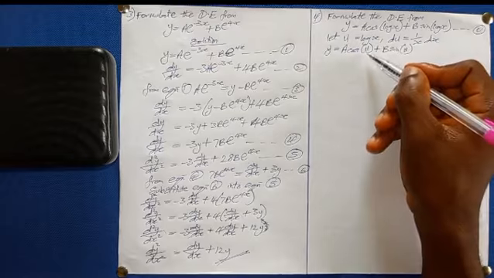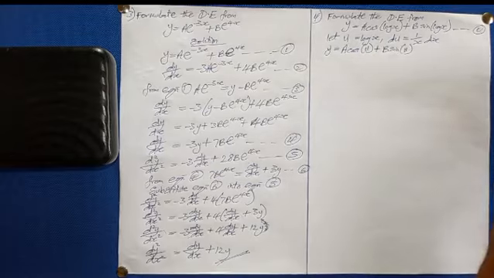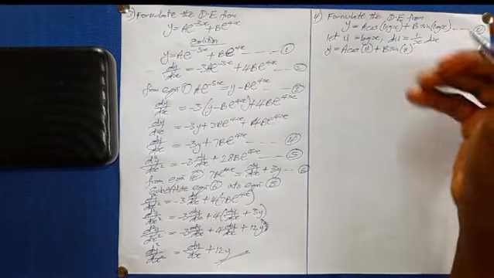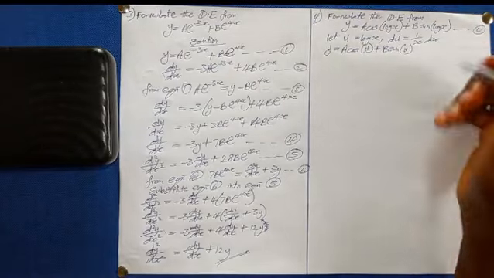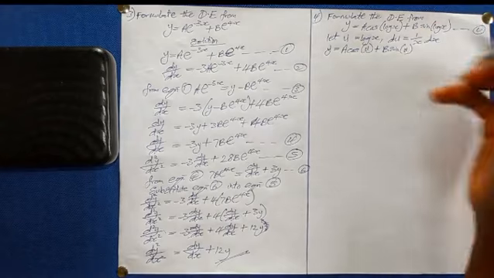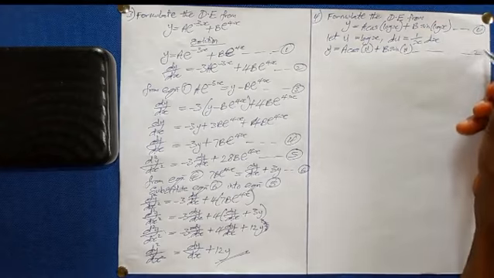Don't forget, this u is log x. Understand? I just want to minimize everything, that's why I say let u equal log x. So you see, call this equation 2.